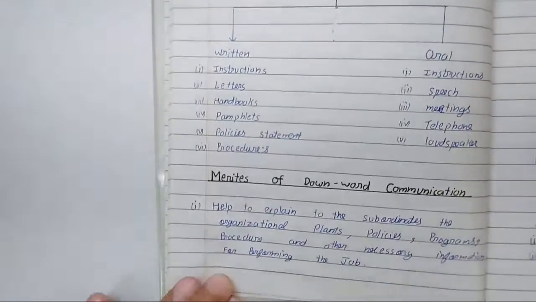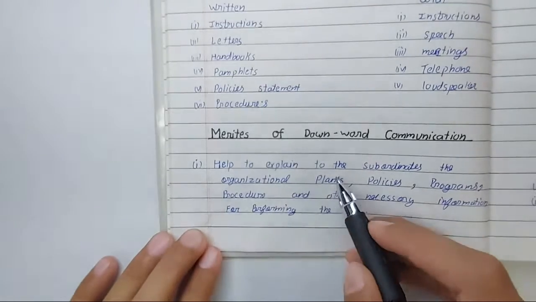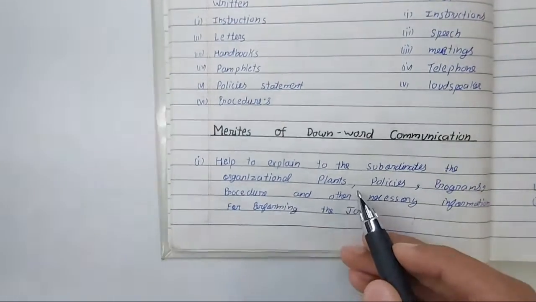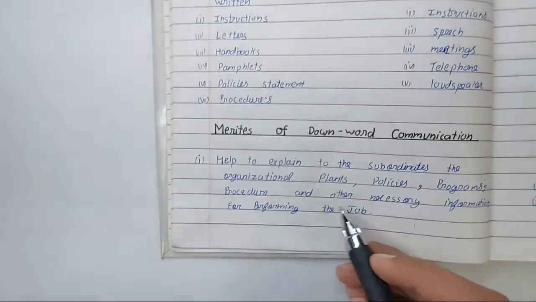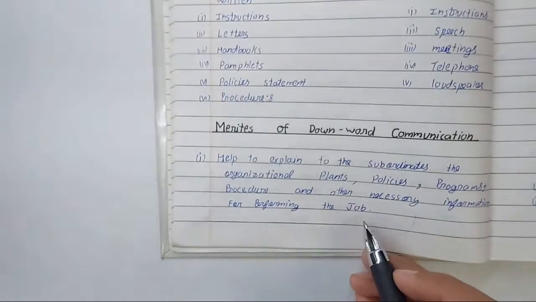Merits of downward communication. First one, it helps to explain to the subordinate the organizational plans, policies, programs, procedures, and other necessary information for performing the job.